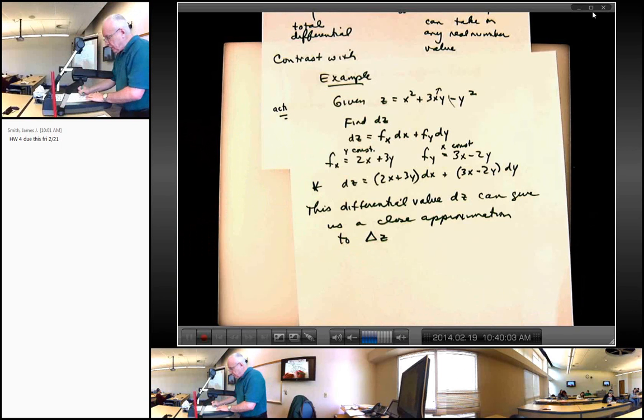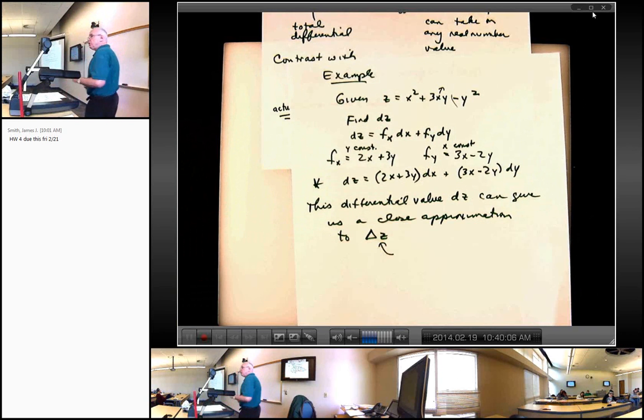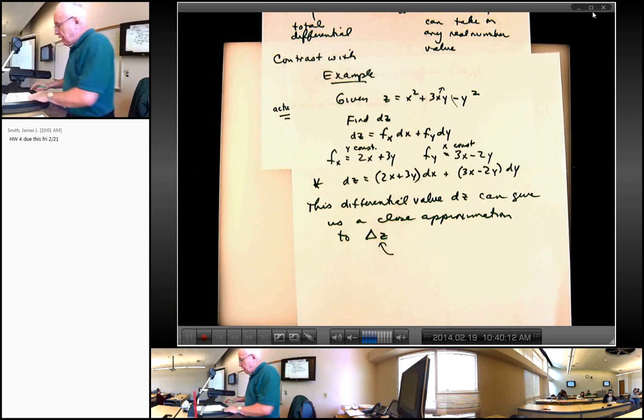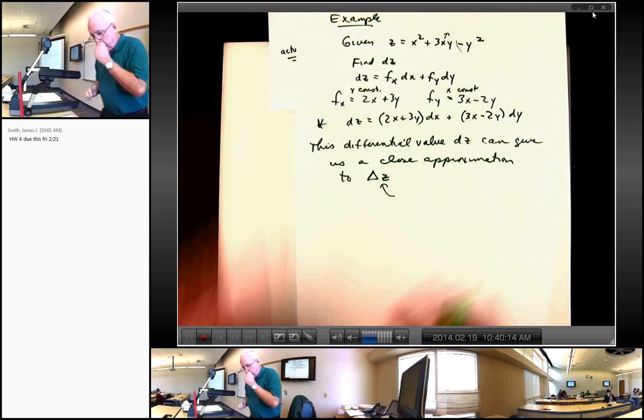With delta z, we actually have to do all the number crunching to compute it. With dz, we have a lot less number crunching, and we'll show that in this next part.